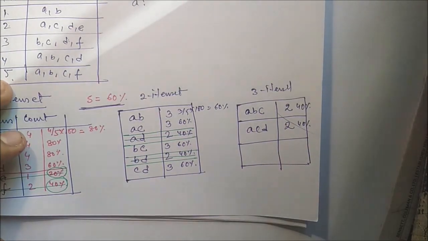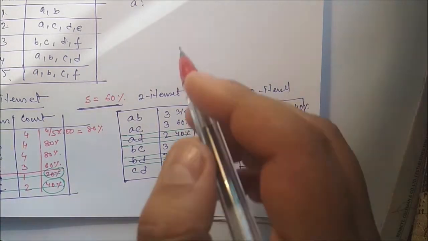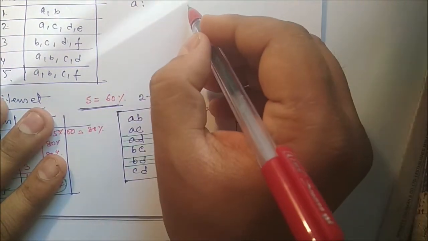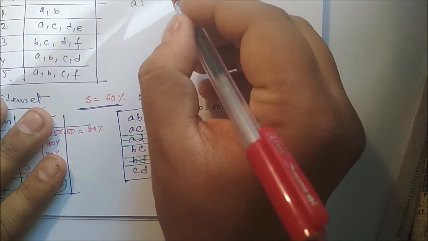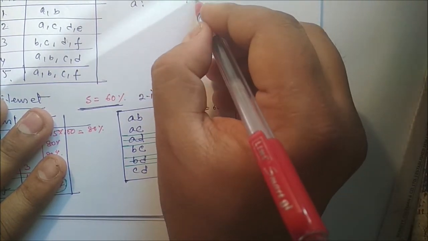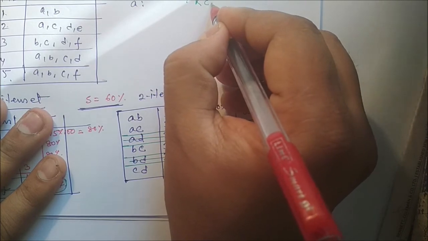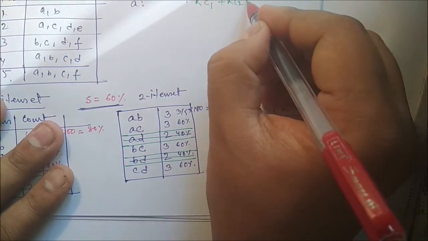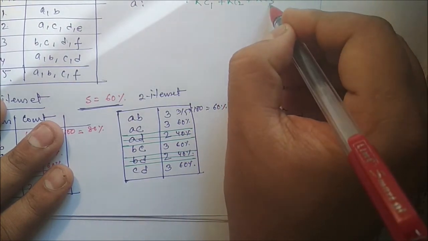So you can see here, if you apply simple brute force technique, the total number of combinations, say K is the total number of items, is KC1 for first item set, KC2 for 2 item set, KC3 for 3 item sets.